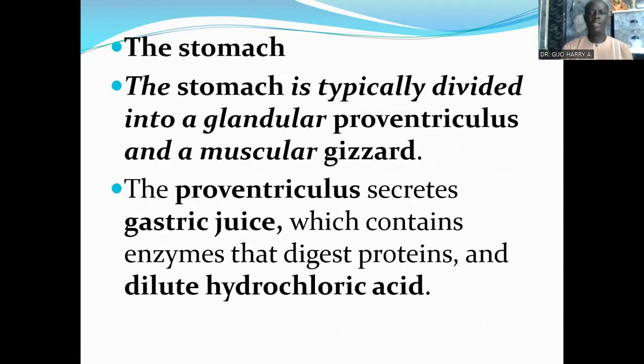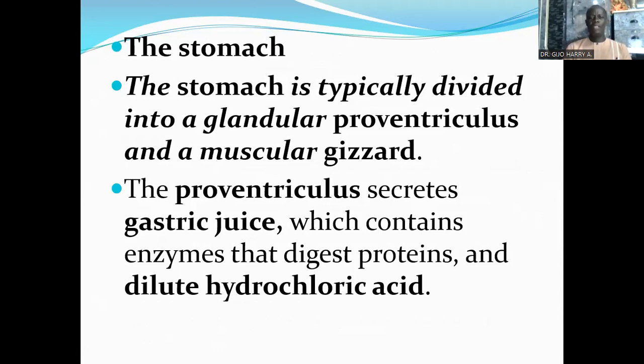The stomach. The stomach of birds is typically divided into a glandular proventriculus and the muscular gizzard. Okay, so the stomach has a proventriculus and a gizzard. The proventriculus secretes gastric juice.